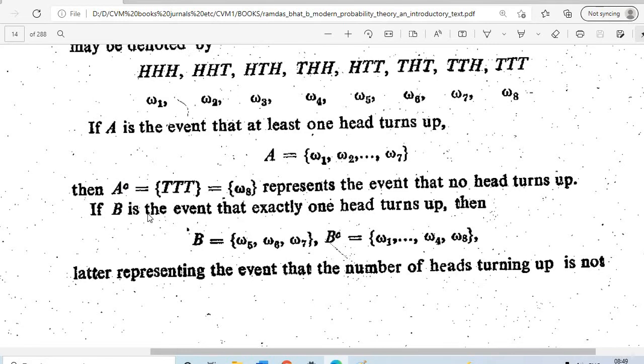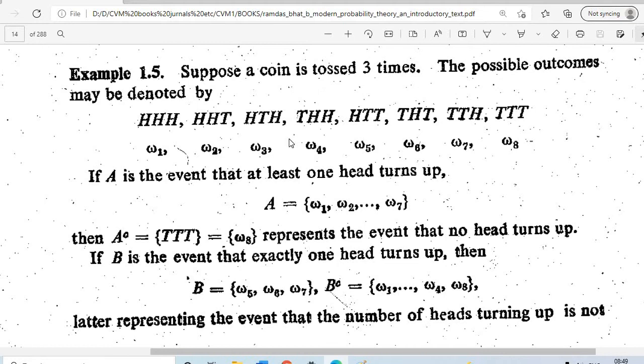Let us consider another subset, that is, we call it an event, a subset of a sample space. So B is an event. The condition is exactly one head turns up. So what are the possible outcomes? Omega 5, omega 6 and omega 7, three of them.